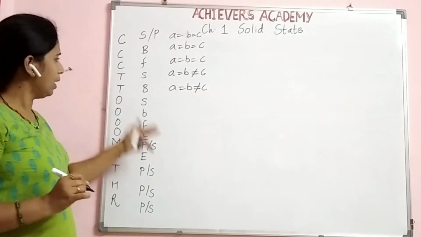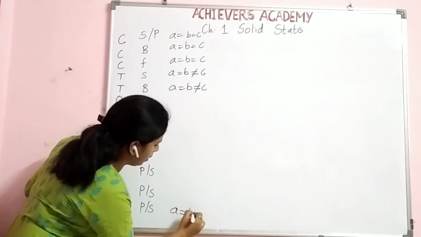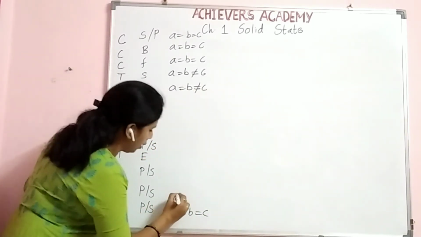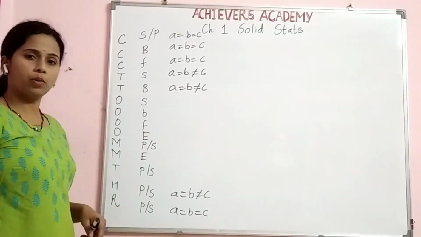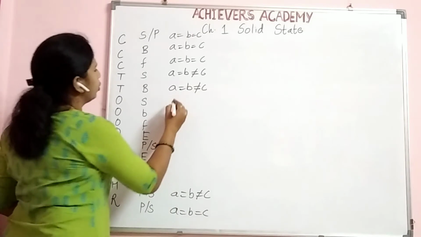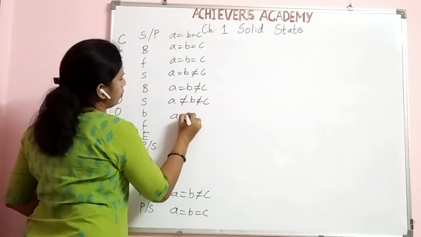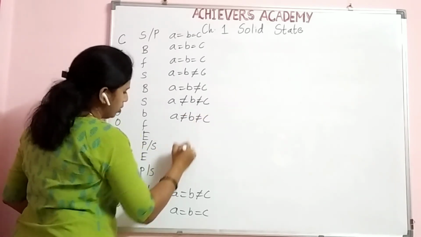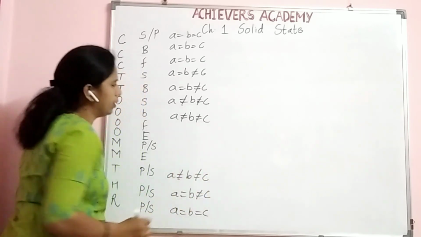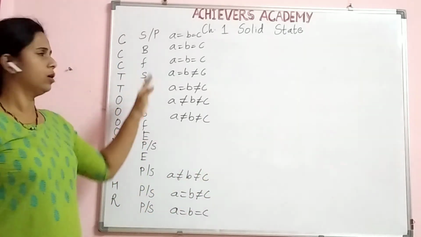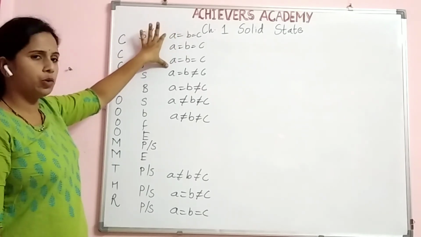Okay. And then same we have to repeat down. Last, A is equal to B, B is not equal to C. Okay? And then in middle we have to write all not equal to each other. So this way you can remember, students. So till here all will be the same. Understood? A is equal to B, B is equal to C. This for cubic.